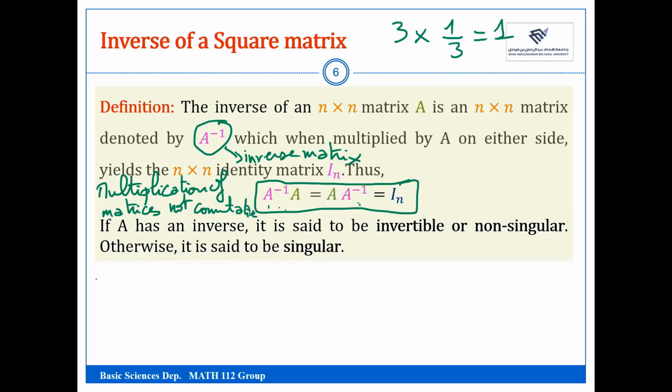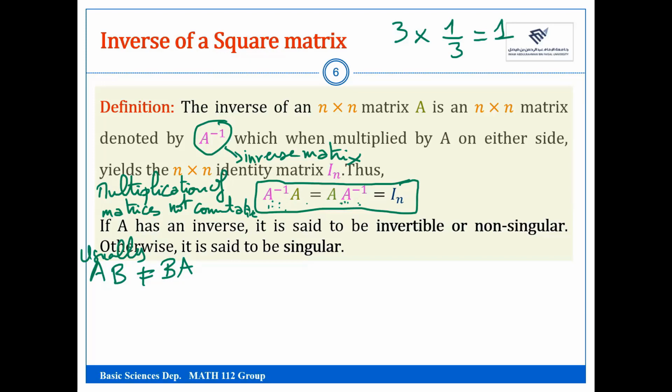What does that mean? It means usually A times B is different from B times A. So you need to check both sides.